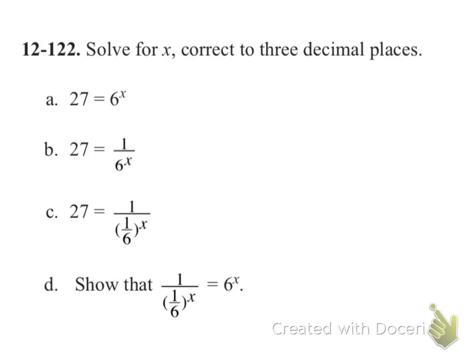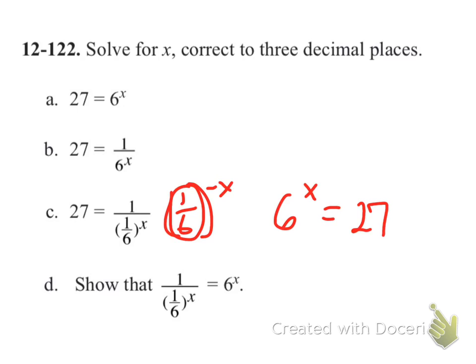So if I made that a negative x, this gets moved to the numerator, and it becomes 1/6 to the negative x, whatever that x value is. And then if I want to switch this to its reciprocal, I make that once again now positive, and I'm going to get 6 to the positive x.